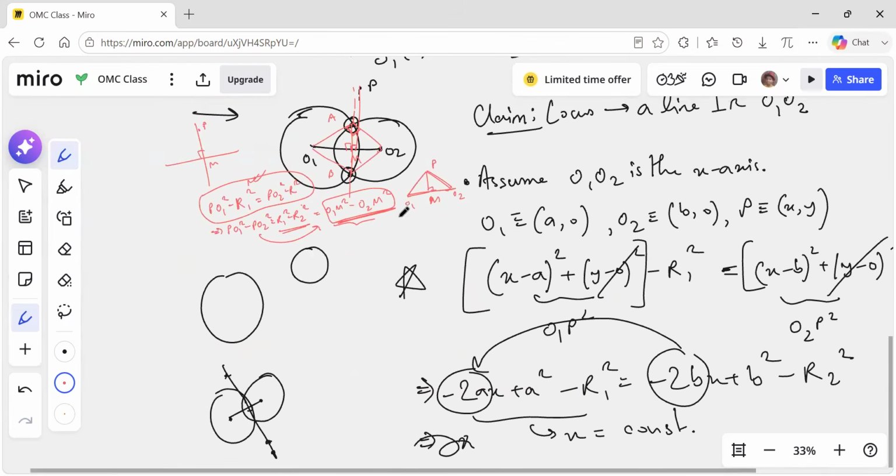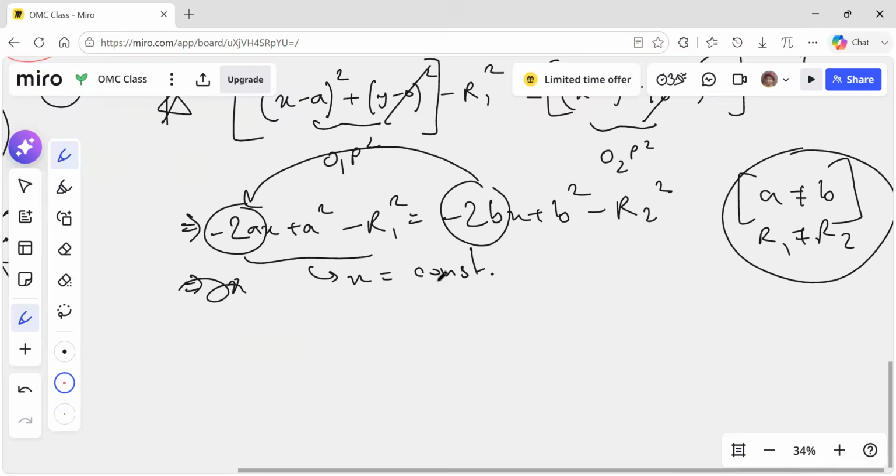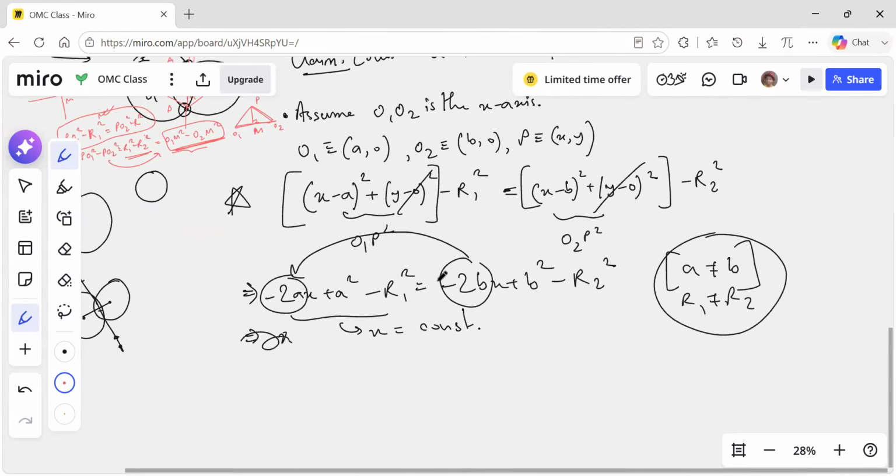Okay, so good digression, but let me return to my proof. From here, can you guys see that x should be constant? You can ask me, I can explain why. Okay, cool, I'll take it as a yes.